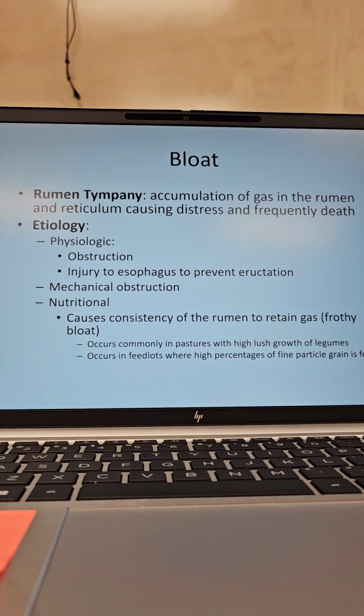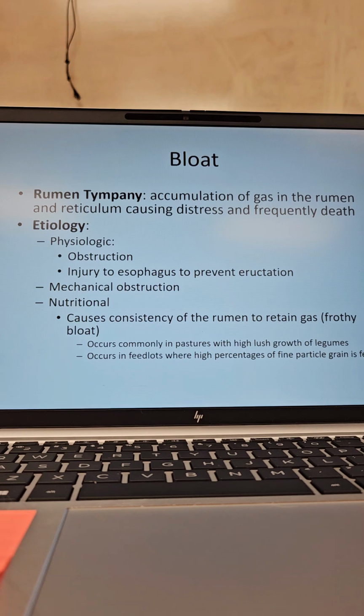What causes it? Obstruction or injury to the esophagus to prevent eructation. You can have mechanical obstruction, and nutritional. If they eat a lot of grain diet or a lot of legumes out in the field, which are bean type plants, this can cause bloat.